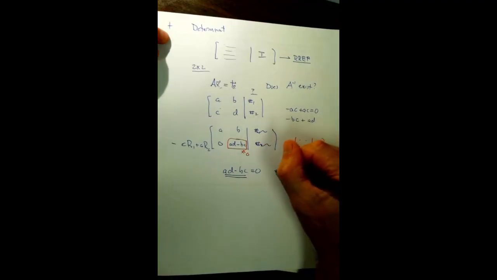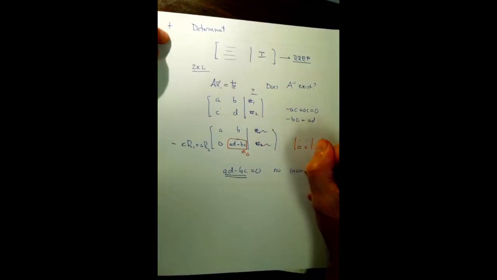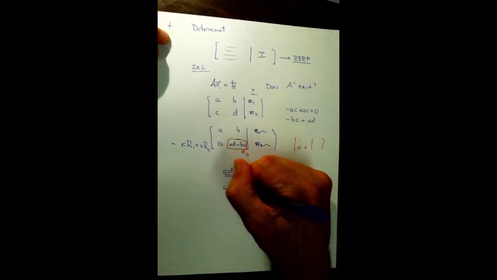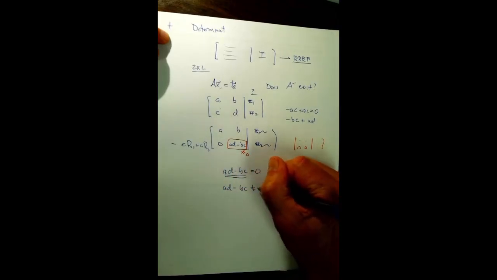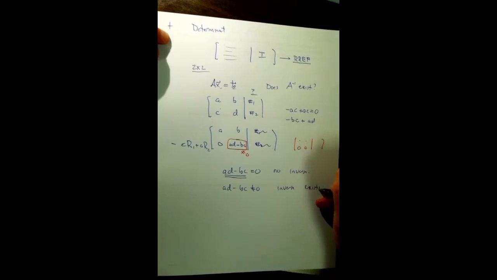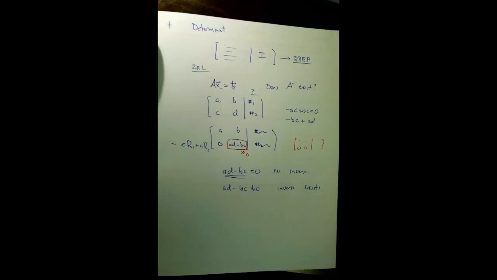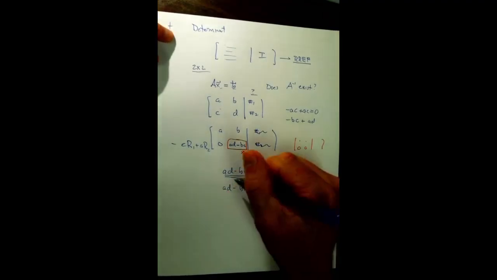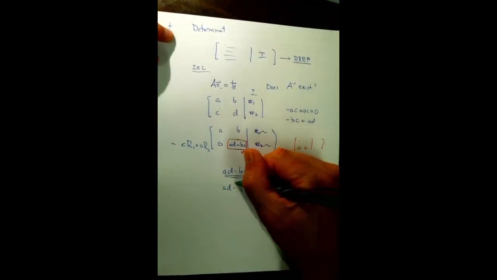If it equals 0, there's no inverse, or we say the matrix is not invertible. If AD minus BC is not 0, the inverse exists, and we say the matrix is invertible. So that quantity right here is extremely important.